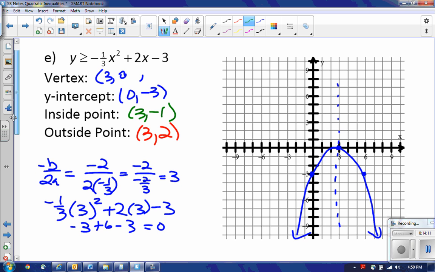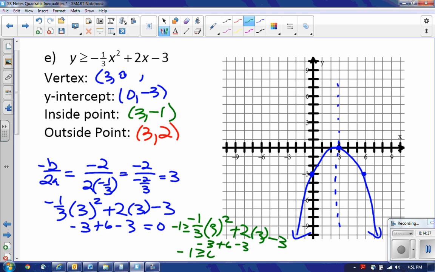When I go test this, I need to work this out, and my y value is -1, should be greater than or equal to -1/3 times 3 squared plus 2 times 3 minus 3. This would be 1/3 of 9 is 3, so -3 plus 6 minus 3.